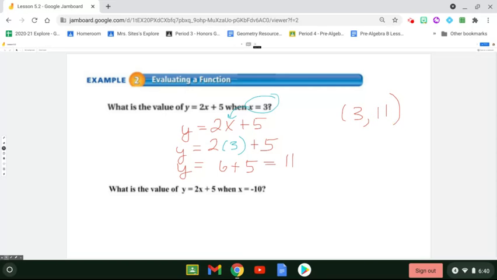Okay, let's try it for the next one. When the function rule is y equals 2x plus 5, and we have an input of -10. Y equals 2x plus 5, and we're plugging in -10 for the input, or x.